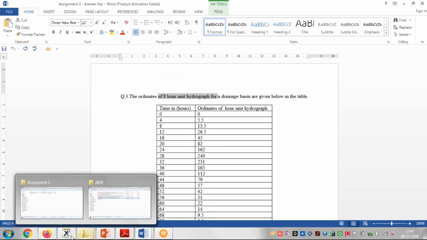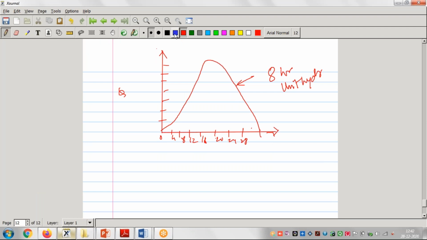Now it is asked to draw the 24-hour unit hydrograph. So what I will do: this is the 8-hour unit hydrograph. Again, I draw the same hydrograph after lagging by 8 hours, so it will look like this.